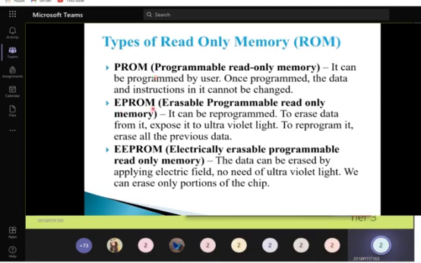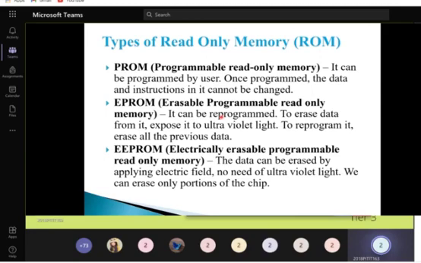And EPROM means erasable programmable read-only memory. It can be reprogrammed. We have already programmed it, but if I want to reprogram the same place, I need to erase the previous content. How can I erase the previous content?